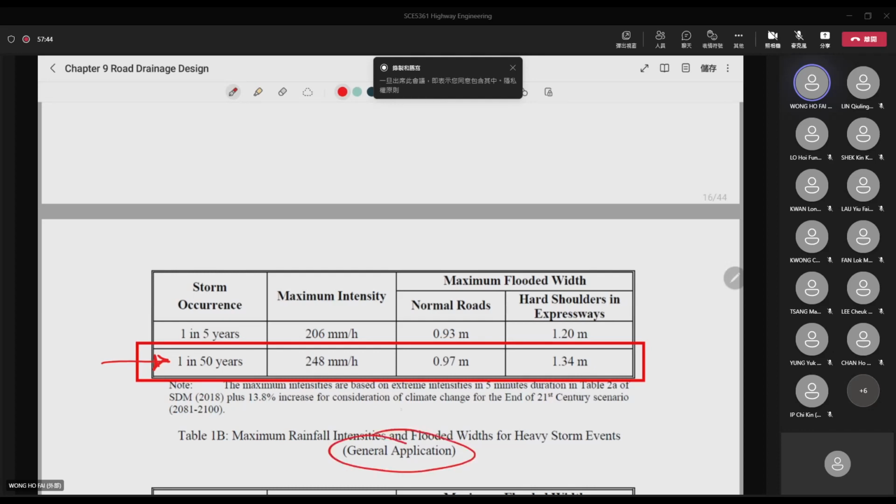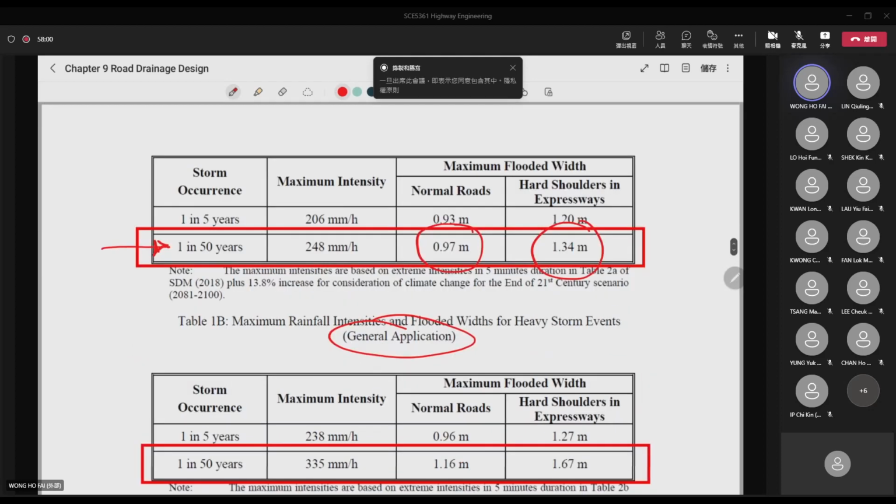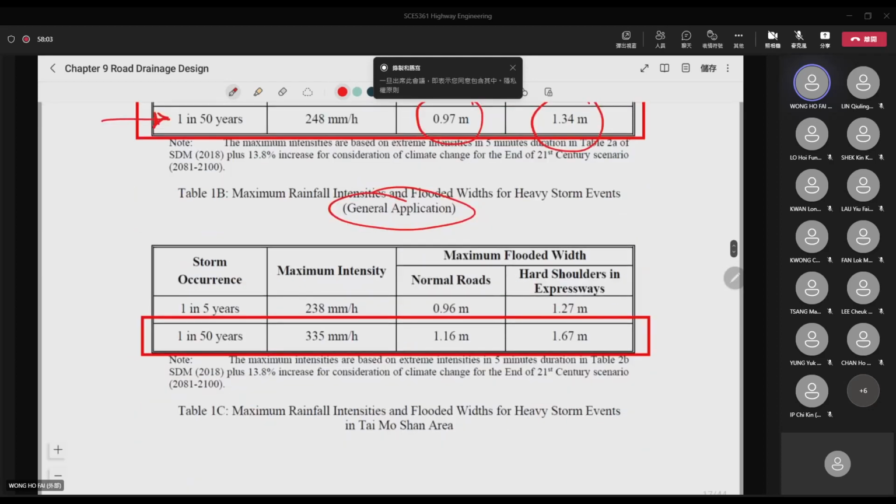If you are in the general application area and considering the normal road, then you will have 0.97 as the flooded width. And for the expressway, you have 1.34. Or if you are in the Tai Mo Shan area, then for the normal road, the maximum flooded width will be 1.16 meter, and 1.67 meter for the expressway, depending on your design.